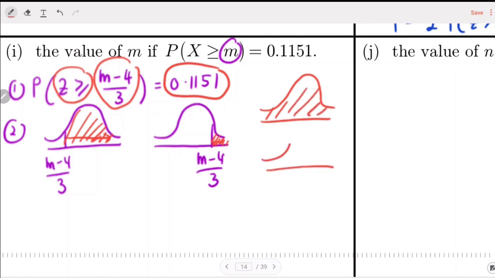So half of it is going to be 0.5. But since we have 0.1151, it means the shaded region is very small. So the left side is incorrect because here we have a very large shaded region, not tally with the probability given. So the correct bell shape is the right one.